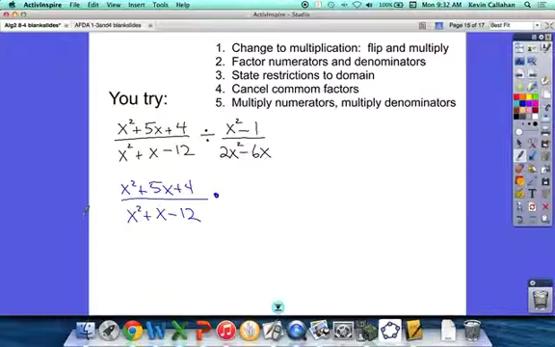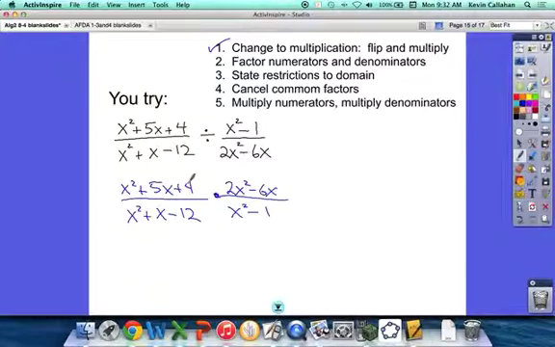Flip this. Who thought of how to factor this numerator?